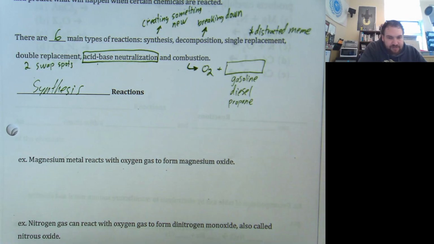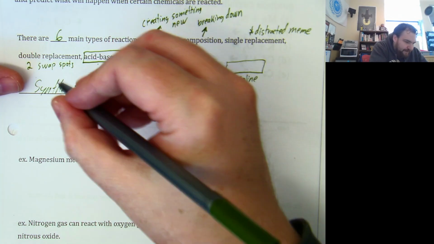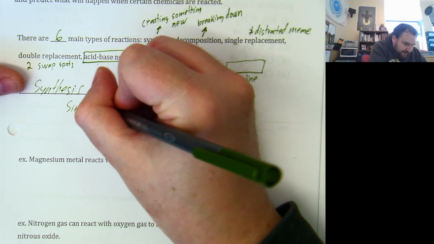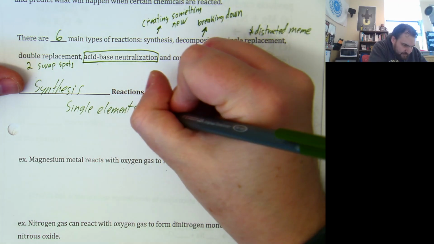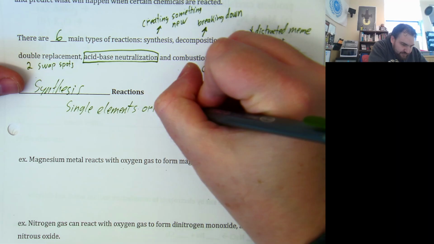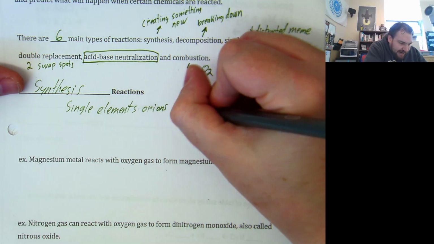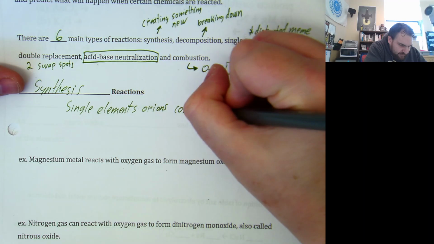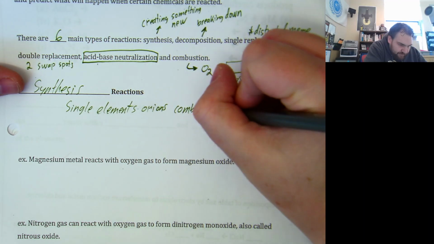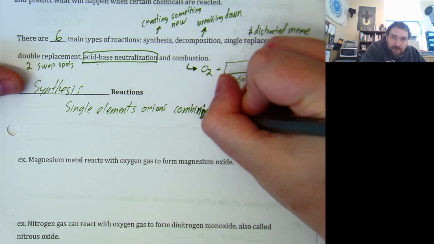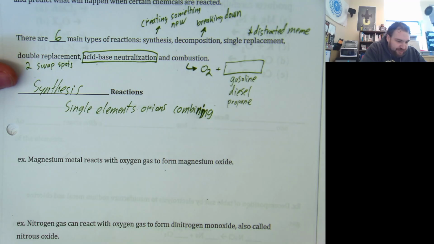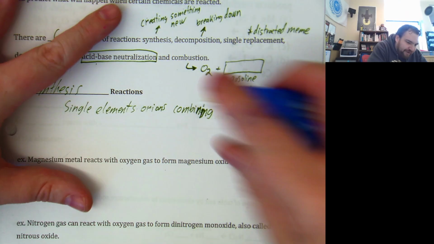Synthesis reactions are single elements or ions combining. I spelled that wrong. Combining. That looks gross now that I screwed that up. You know what? I'm going to rewrite that.